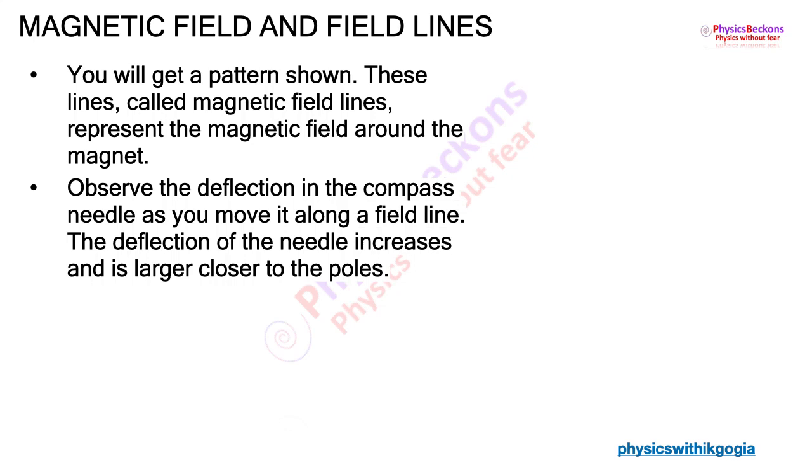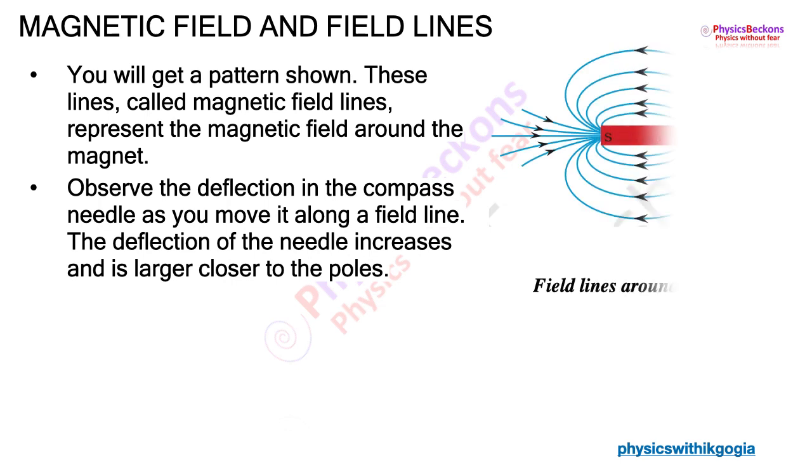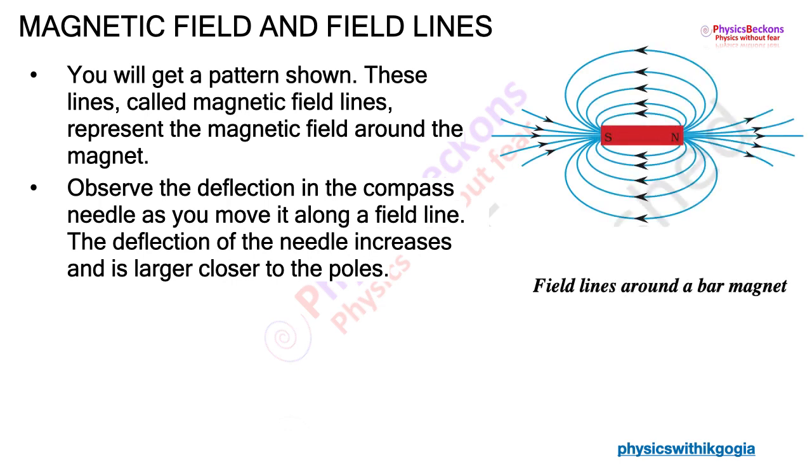You can now start with a fresh point, a different point, to get a new field line. The lines give you a pattern as shown in this figure. These lines are called magnetic field lines. The field lines are used to represent the magnetic field.